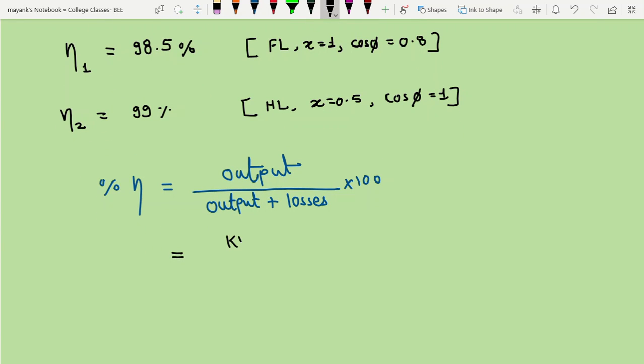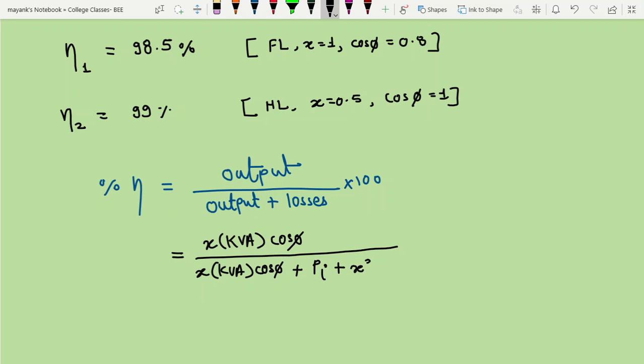So this becomes x times kVA into cos phi upon x kVA rating into cos phi plus iron losses plus x square times copper losses at full load. Copper losses at full load, इसको मैं लिख रहा हूँ.